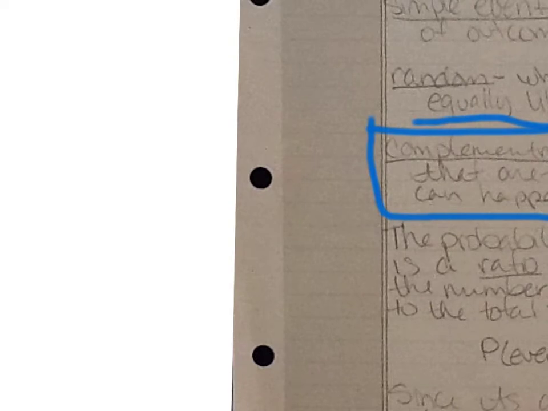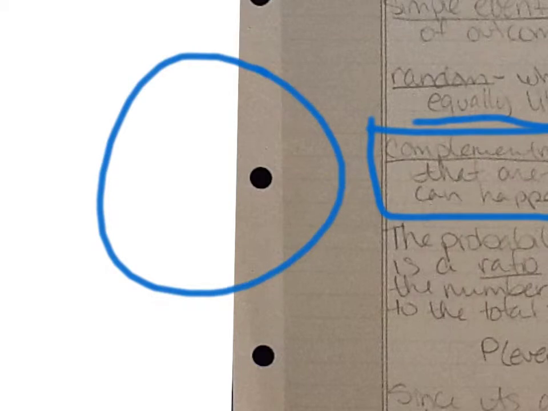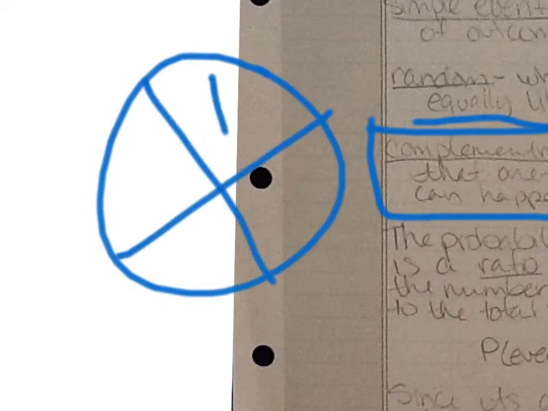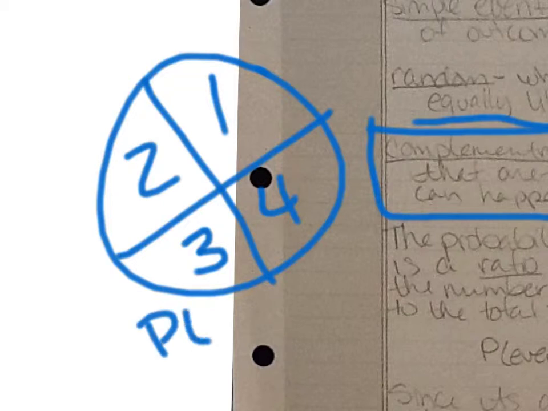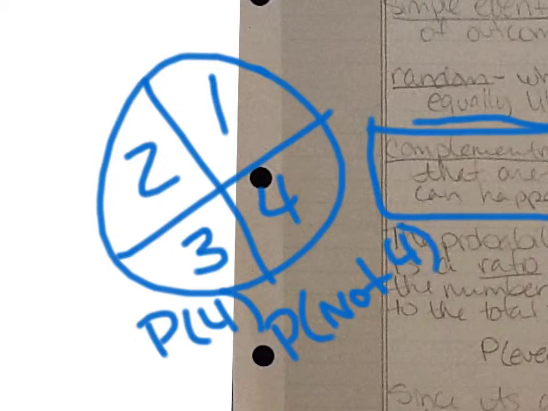On the other hand, there are other things that can be complementary events. For example, if we have a spinner broken into 4 pieces, 1, 2, 3, 4, and we want to know the probability of landing on 4. So the probability of landing on 4 is one outcome, and the event that's complementary to that is the probability of not landing on 4.